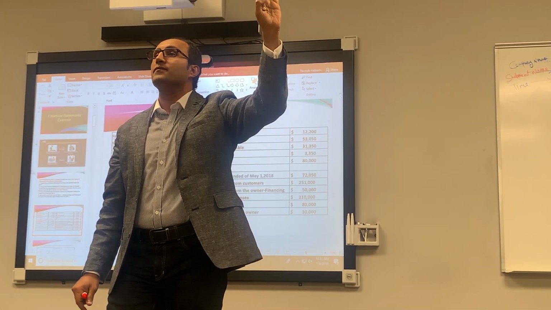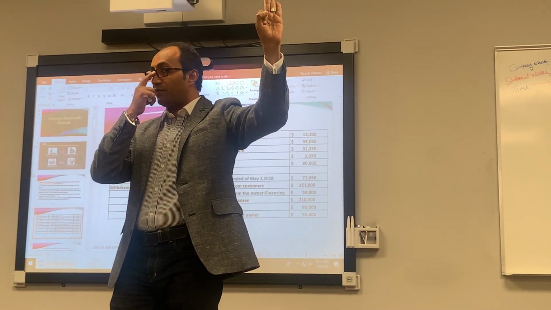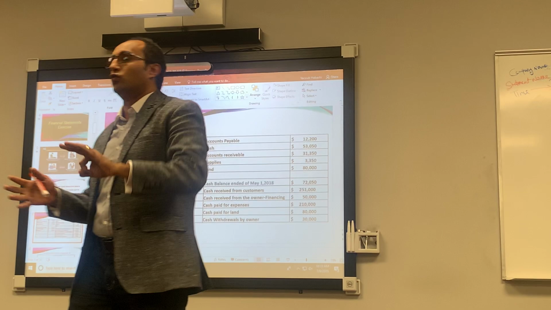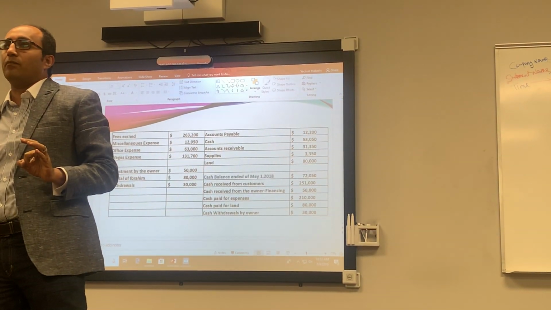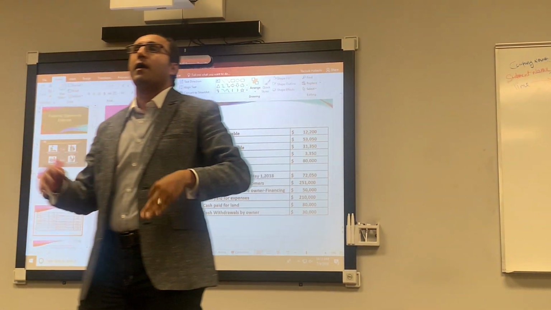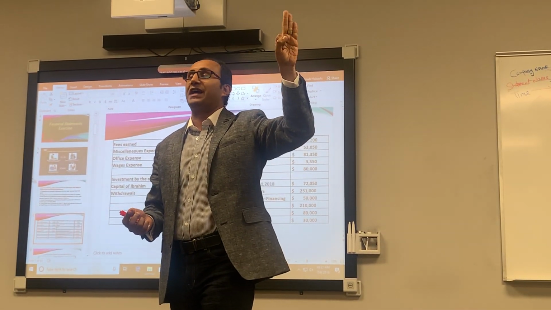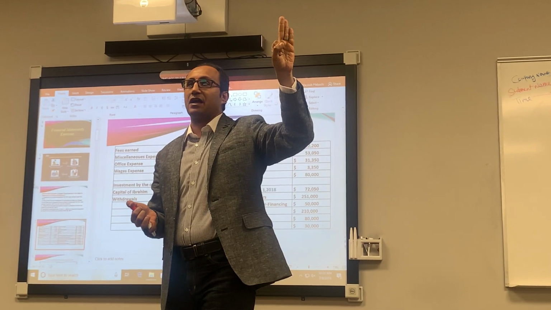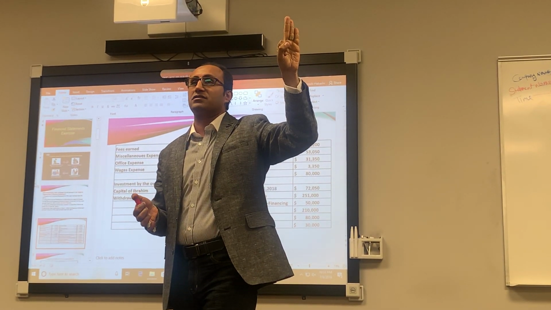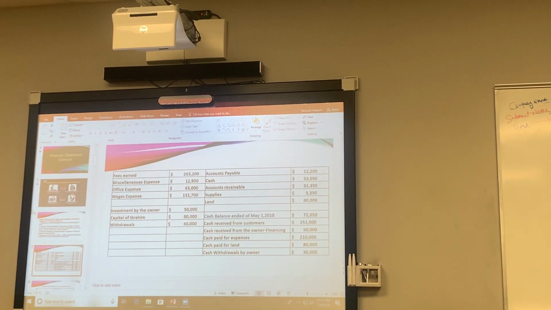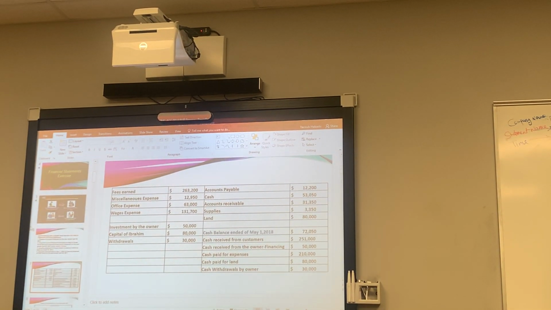The third one, financing activities. Financing activities are when you take money from a bank or issue stock. Okay? So here we will write down the cash flow statement.